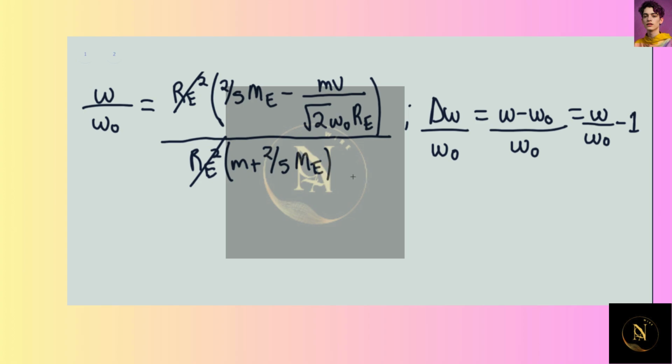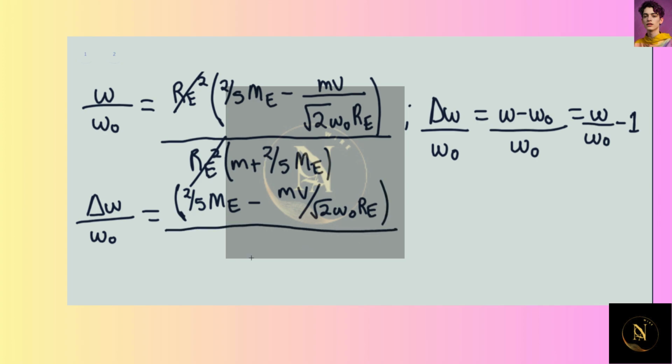And so we can say that the change in the angular velocity divided by the initial angular velocity would be equaling 2/5 times the mass of the Earth minus mv over radical 2 times the initial angular velocity times the radius of the Earth.